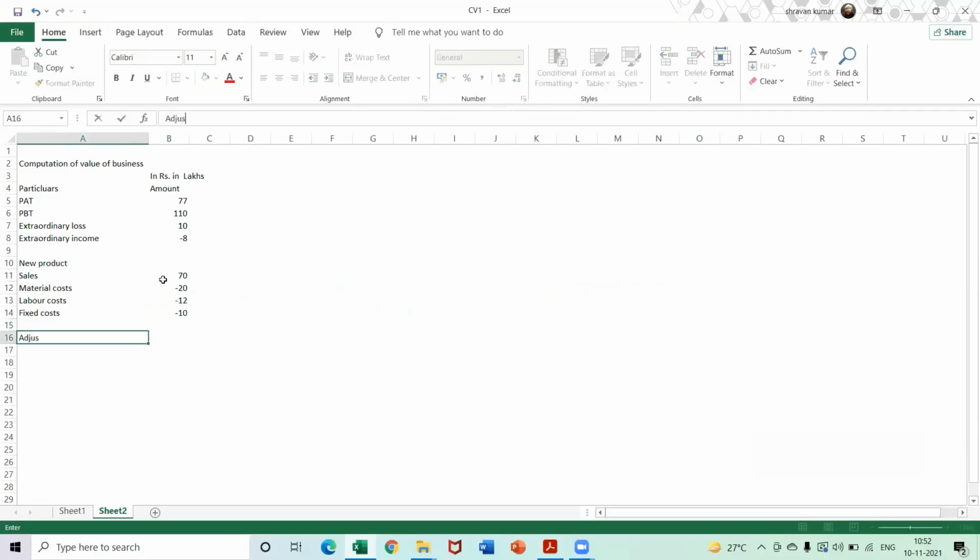So adjusted PBT is equal to the summation of all these.